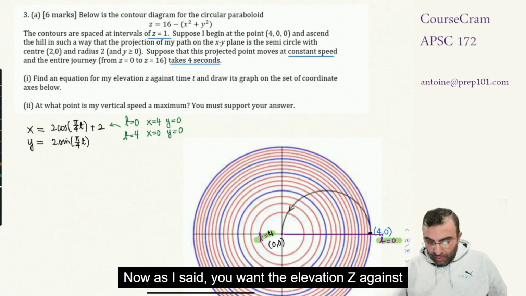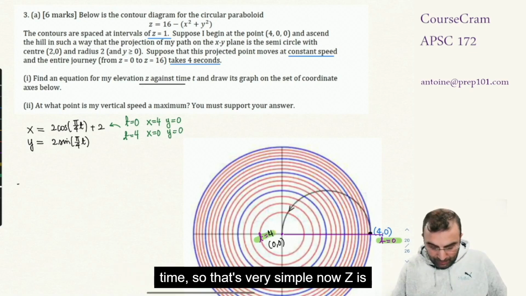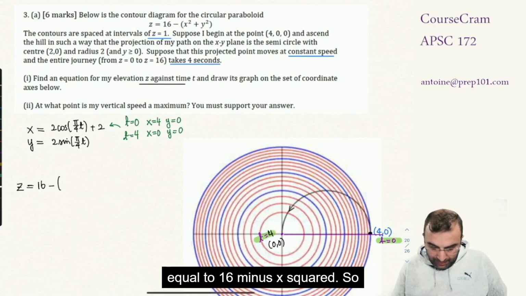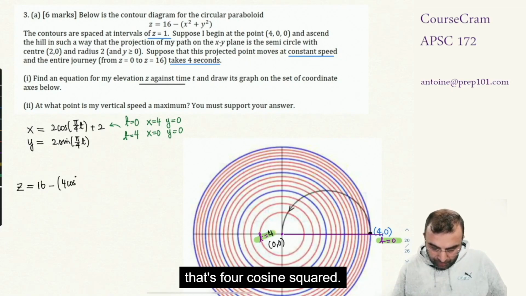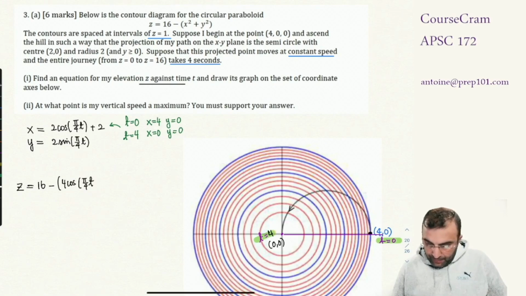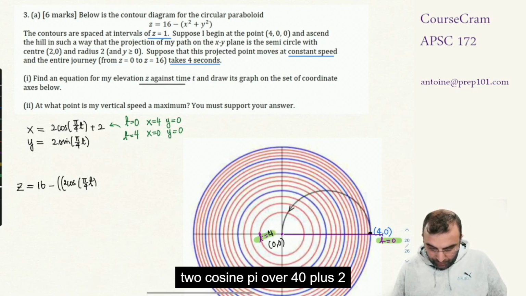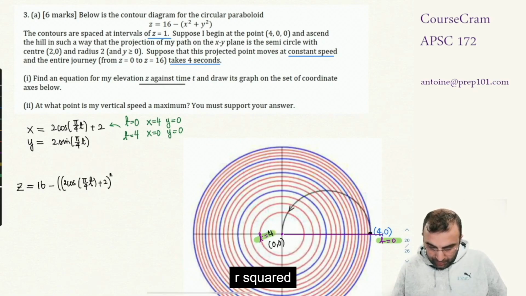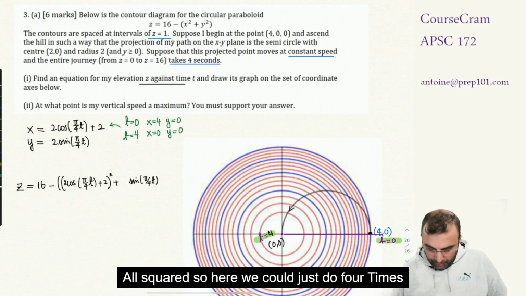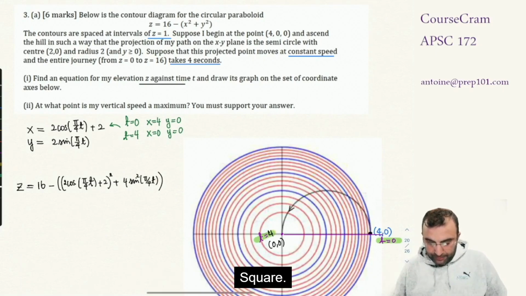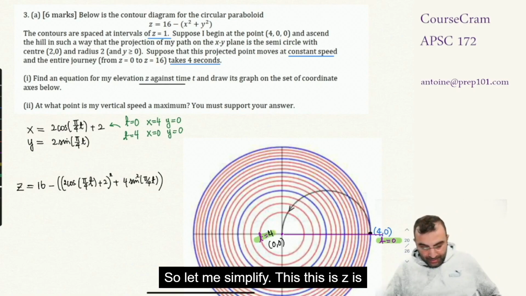Now, as I said, you want the elevation z against time, so that's very simple now. z is equal to 16 minus x squared, so that's 16 minus (2 cosine pi over 4t plus 2) all squared plus (2 sine pi over 4t) all squared. So let me simplify this.